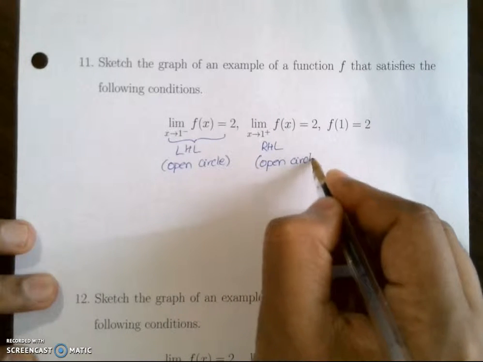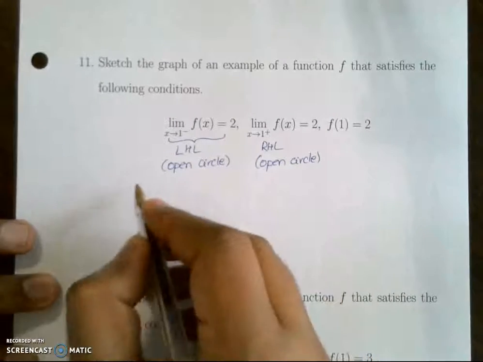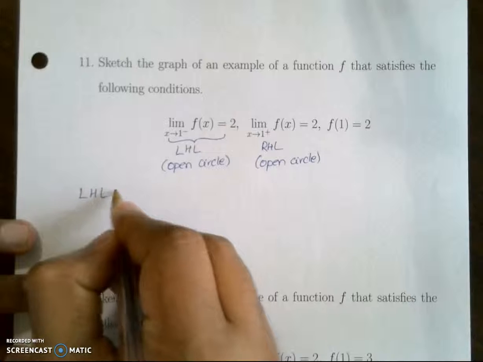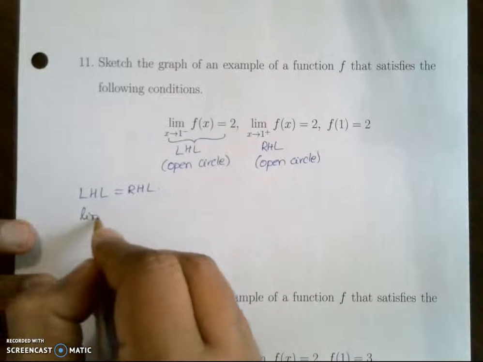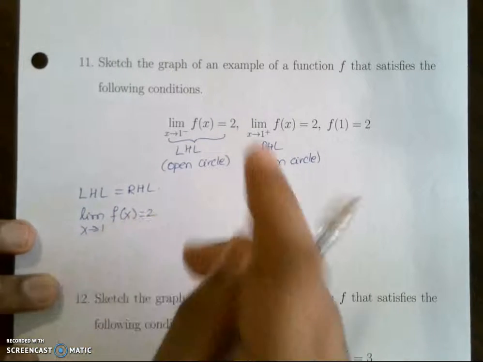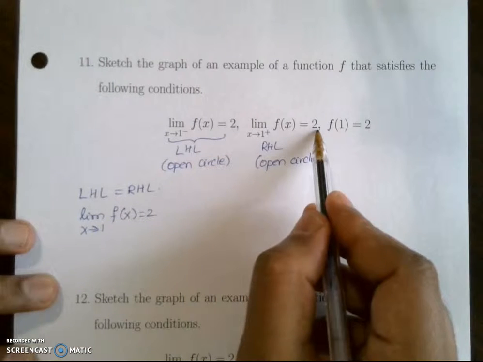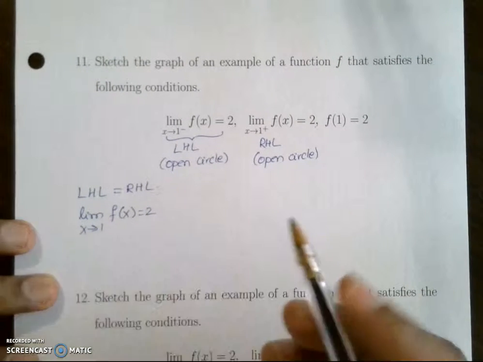The left hand limit is equal to the right hand limit in this case, and hence the limit will exist. In fact, the limit at 1 would be equal to 2, and the limit value will be 2.